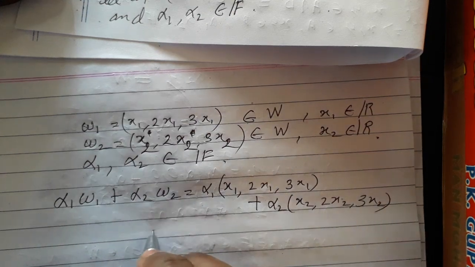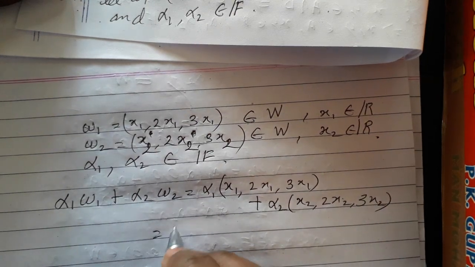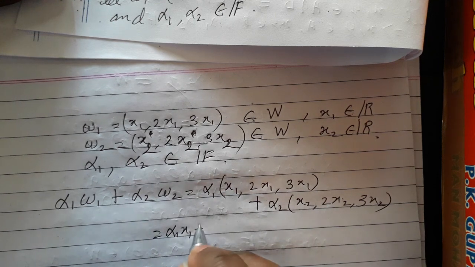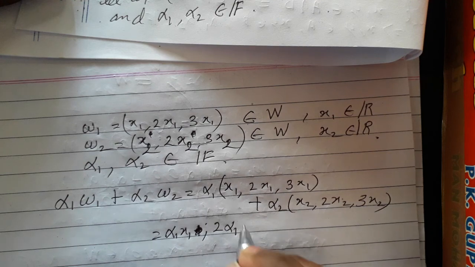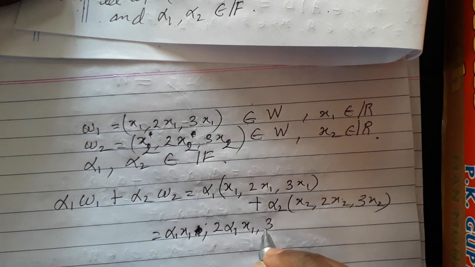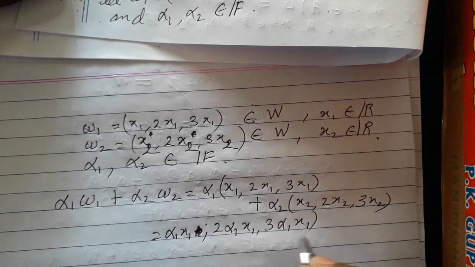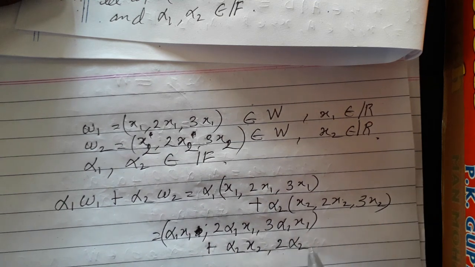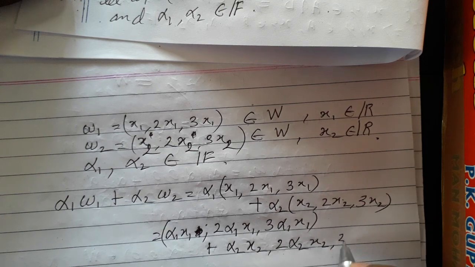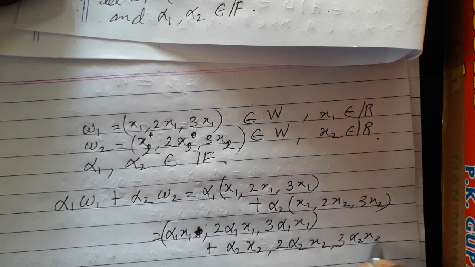So this implies what? We get alpha 1 x1 plus alpha 2 x2, 2 alpha 1 x1 plus 2 alpha 2 x2, 3 alpha 1 x1 plus 3 alpha 2 x2.